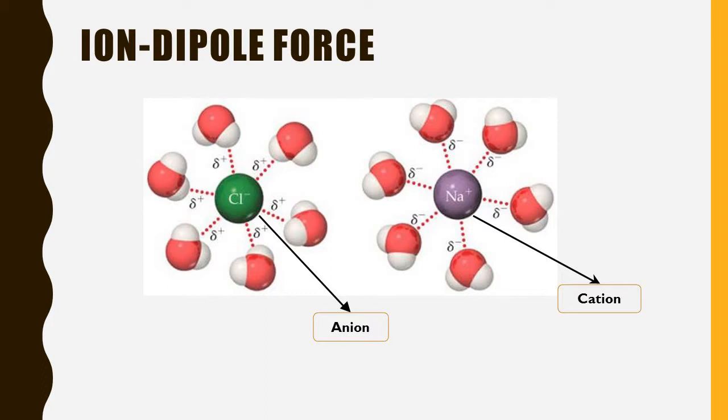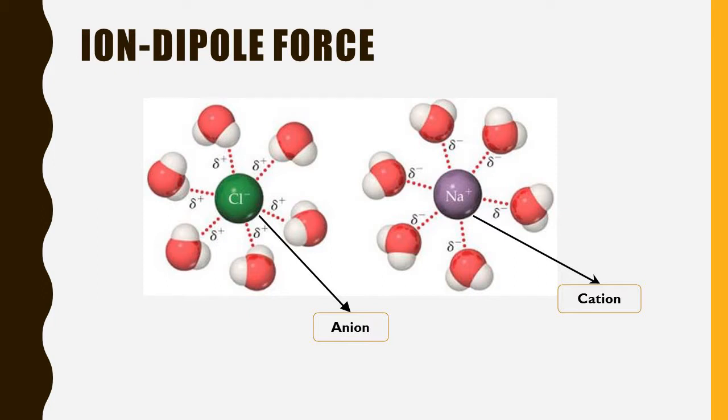Ion-dipole forces act between an ion and a polar molecule. Remember that an ion is an atom that has gained or lost 1 or more electrons and therefore has a negative or positive charge. A cation is an atom that has lost a valence electron and therefore has more positive protons than negative electrons, so it is positively charged.